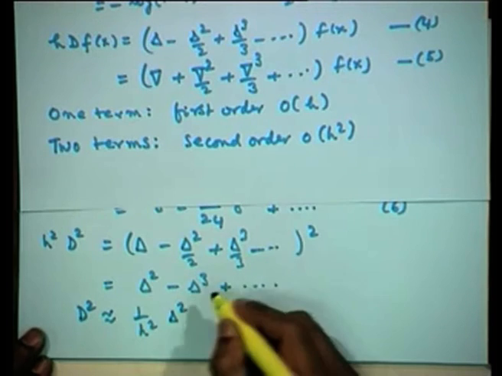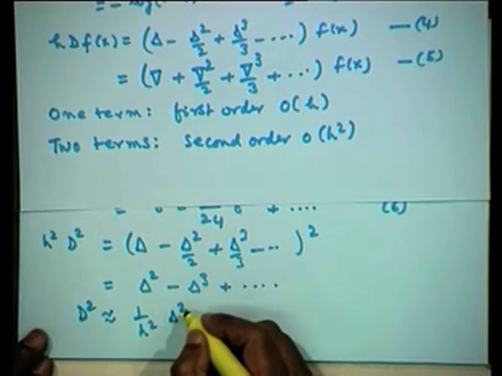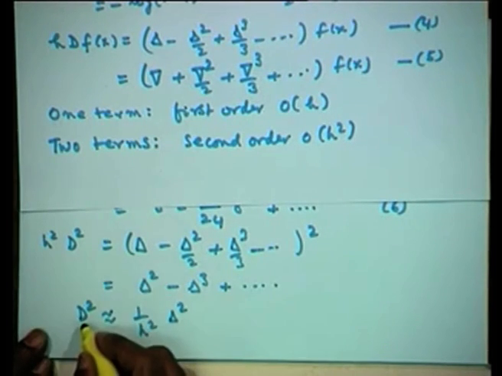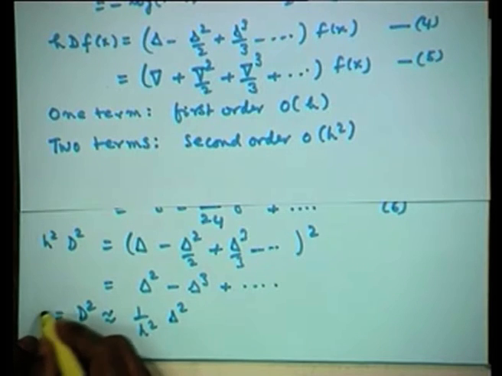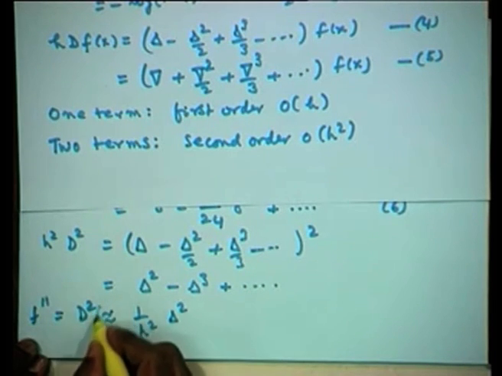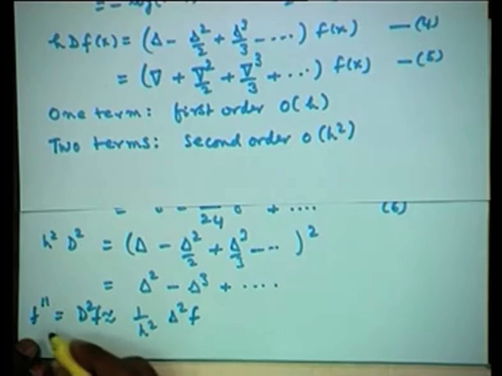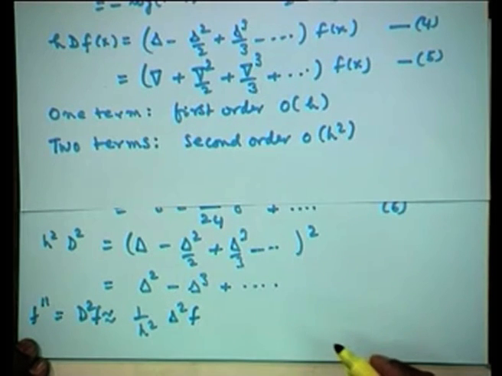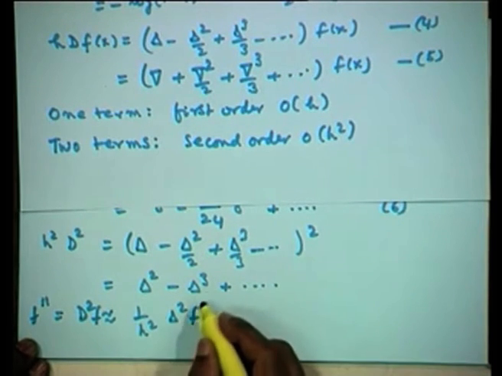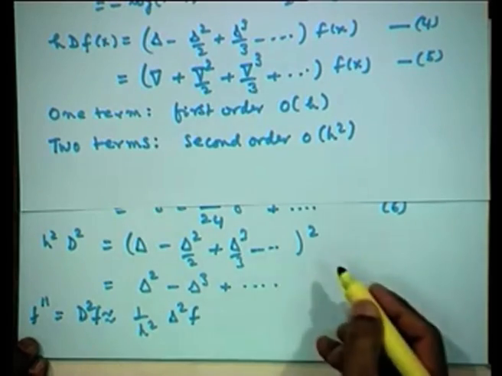This is what we have derived earlier using the forward differences, that second derivative, f double dash. So, the second derivative is simply 1 upon h square delta squared f, and if I write one more term, I will be using more number of points.